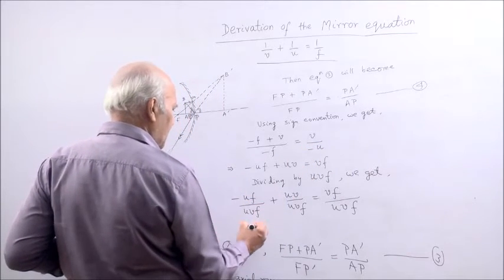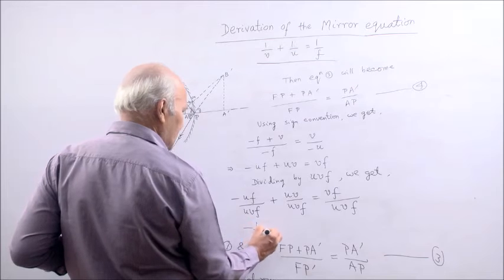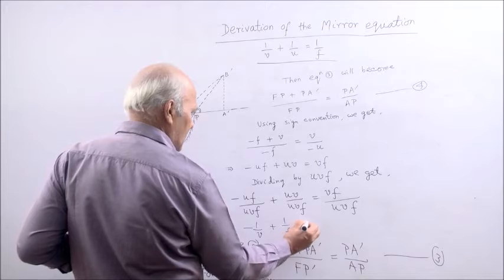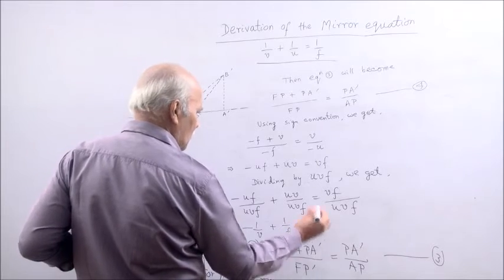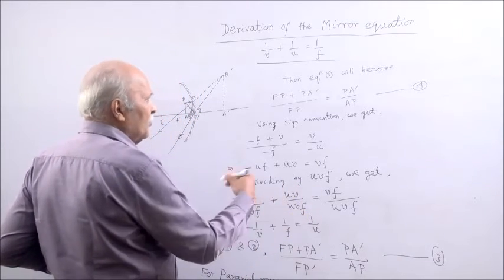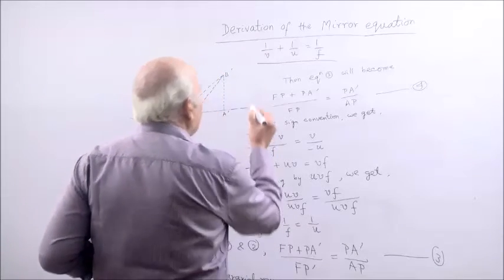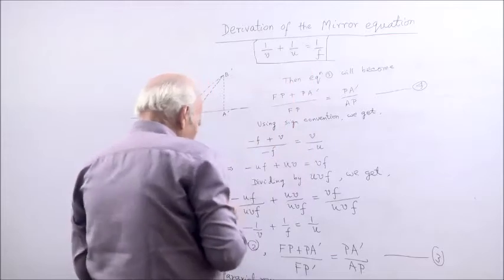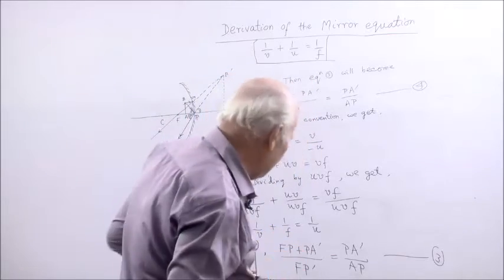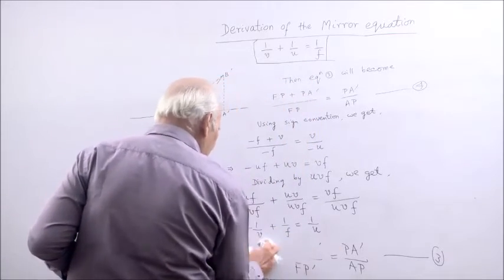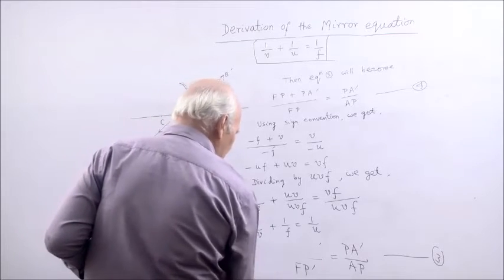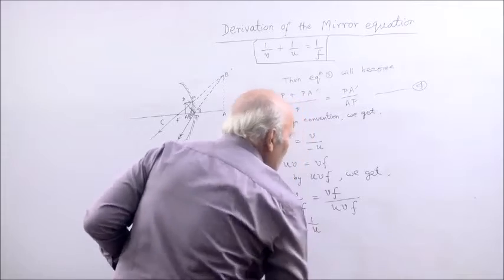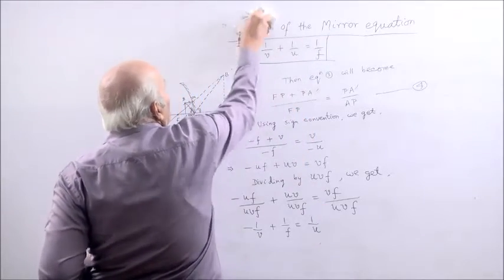UF cancels, so it is minus 1 by V plus 1 by F is equal to minus 1 by U. If we transpose to the other side, then the next step will be 1 by V plus 1 by U is equal to 1 by F.